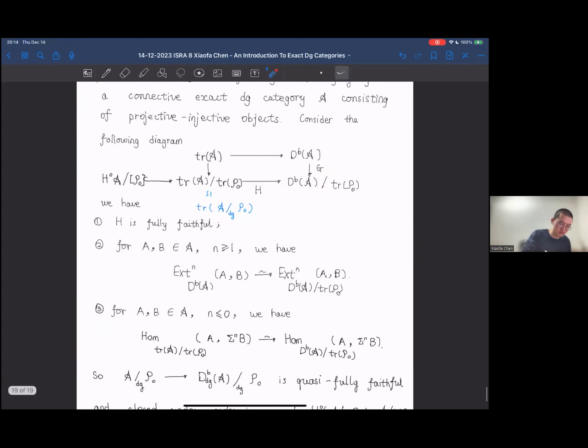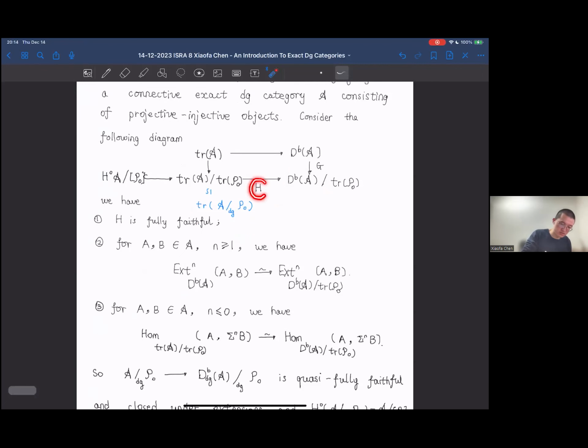We can show that the functor H is fully faithful.